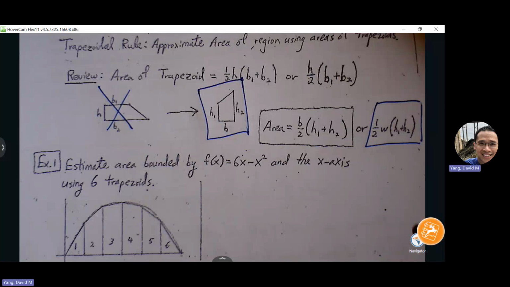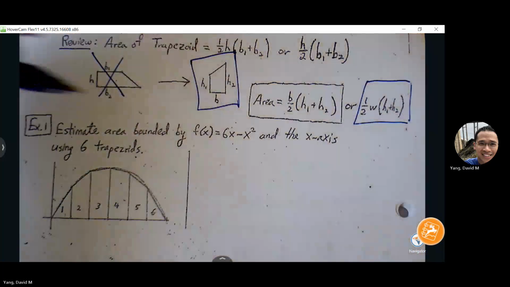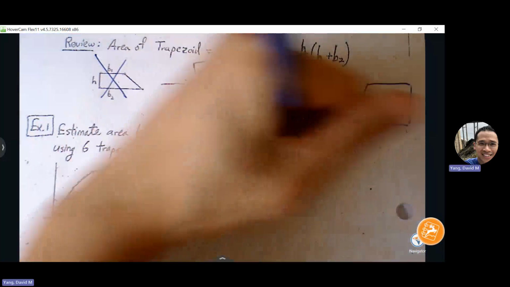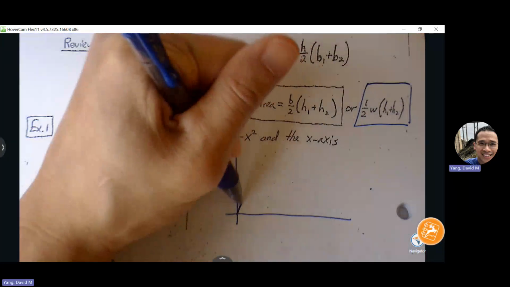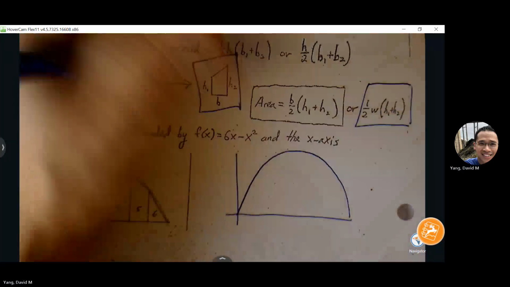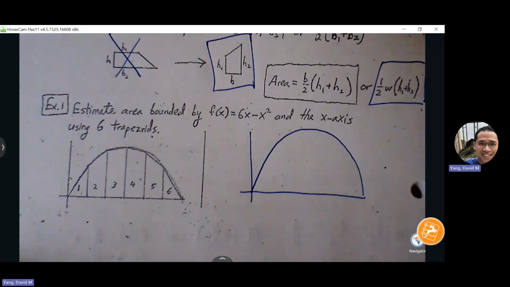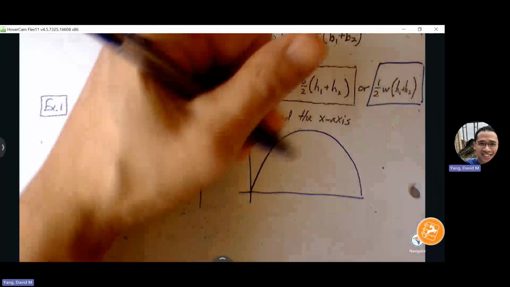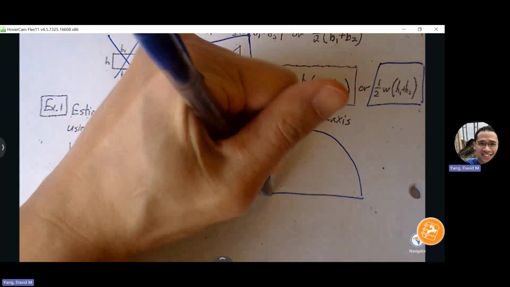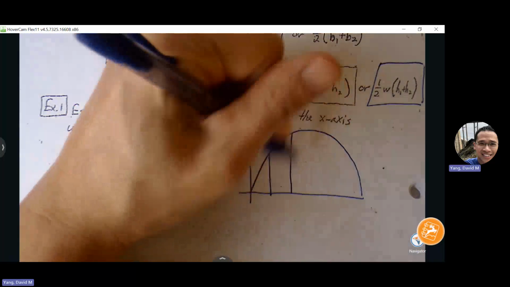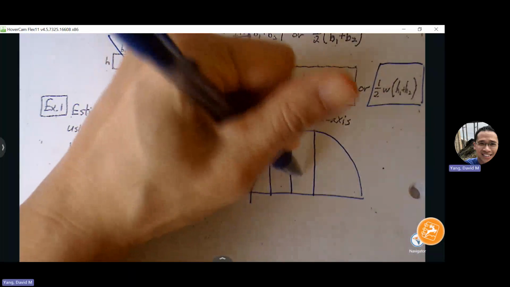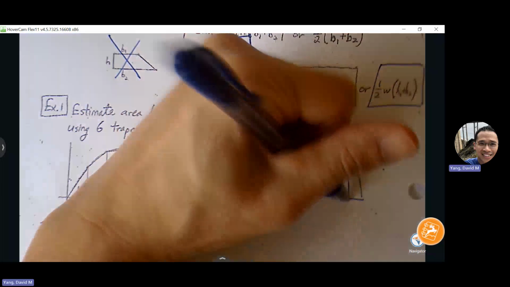Okay. So I want to kind of draw this diagram out again. What if you look at just the way a trapezoid is shaped, right? So let's say I have my 6 subintervals here: 1, 2, 3, 4, 5, 6.